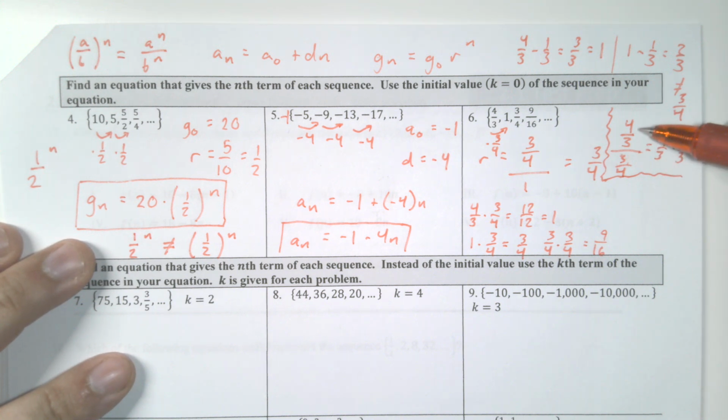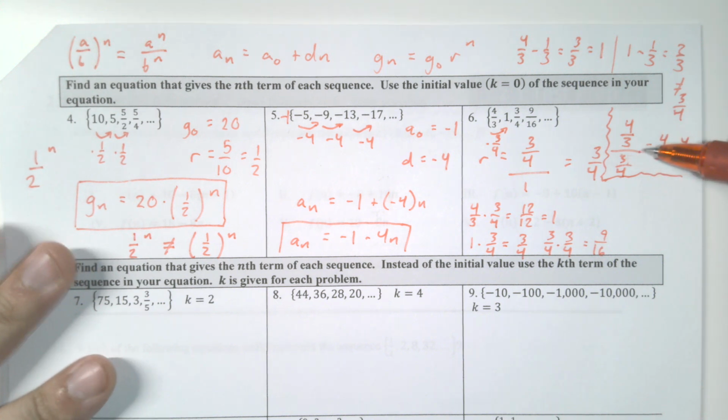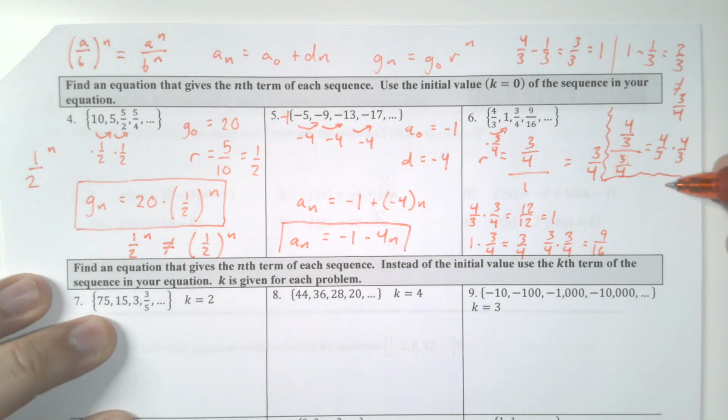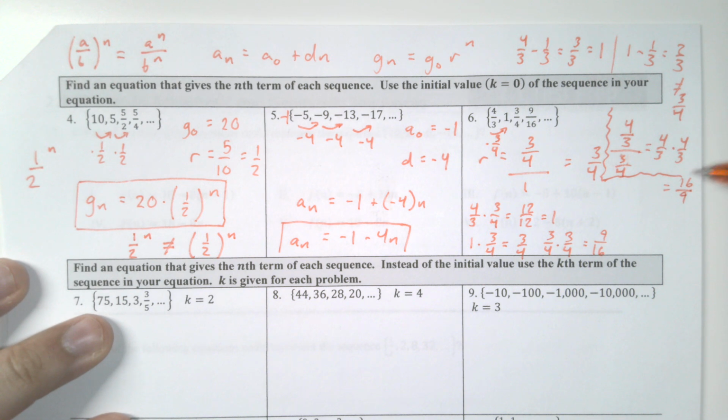If you have two fractions that you're dividing, you keep the first fraction, change division into multiplication, and then flip the second fraction. You take the reciprocal: 3 over 4, the reciprocal of that is 4 over 3. And so you have 4 times 4, which is 16, and then 3 times 3 is 9. So, we're using G, G sub 0 is 16 over 9.